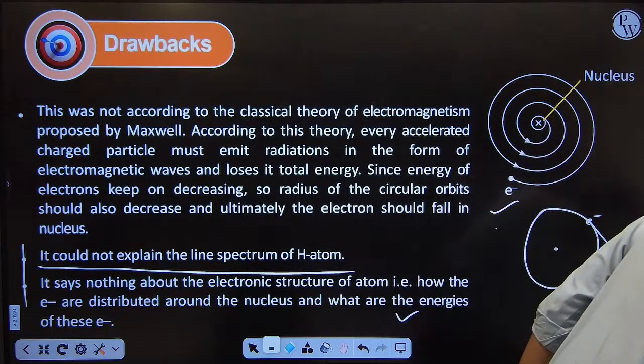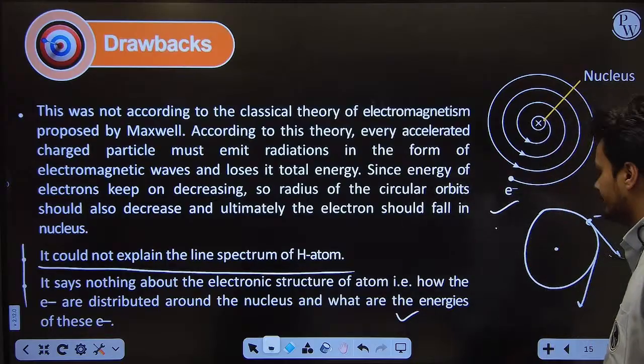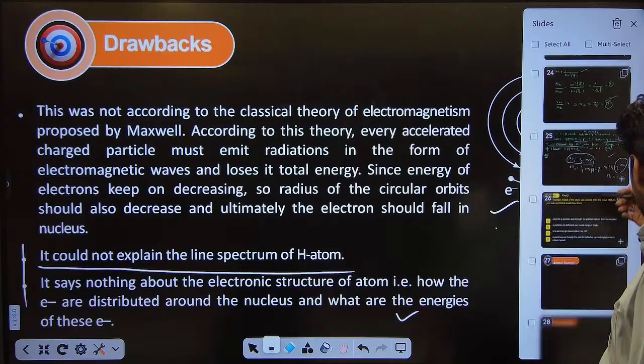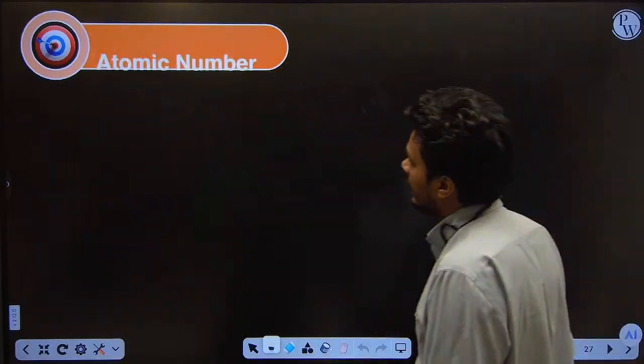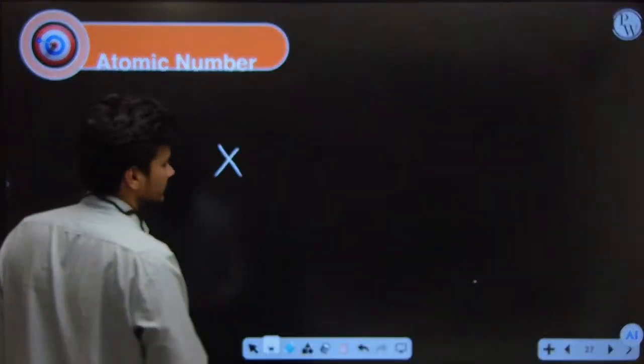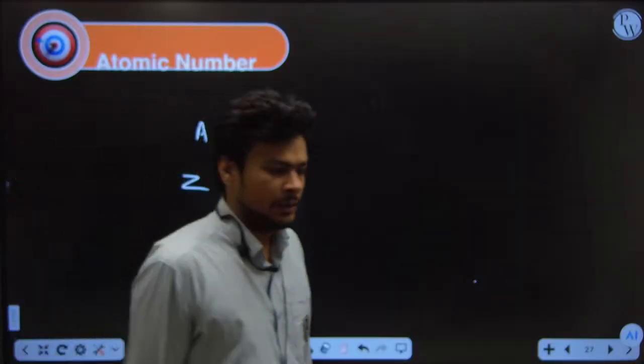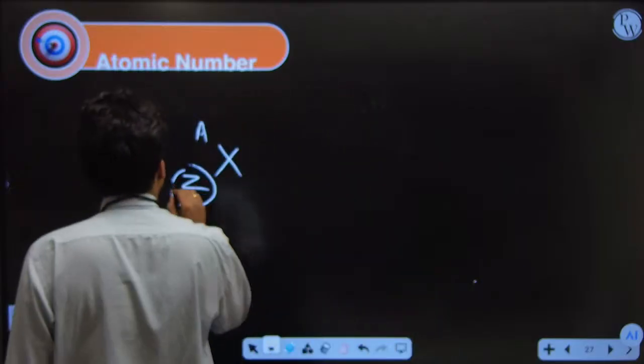Now the next bit, we still have some time. Done. This is done, right? Next is, so you have an element X. This you already know. This is Z, this is A. Z is what?